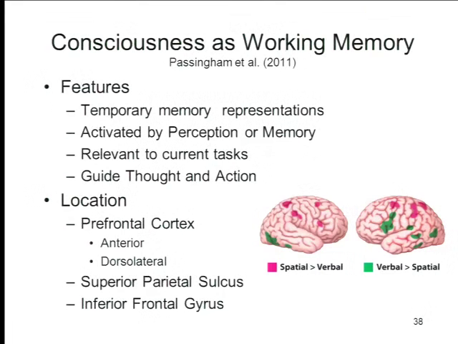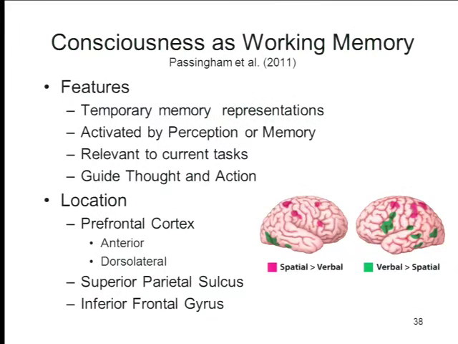And we know something about the brain structures that are involved in properly functioning working memory. Again, it's areas of the prefrontal cortex and some other areas as well, but mostly in the prefrontal cortex that allow you to engage in working memory tasks at all. Damage to those areas basically wipes out working memory.